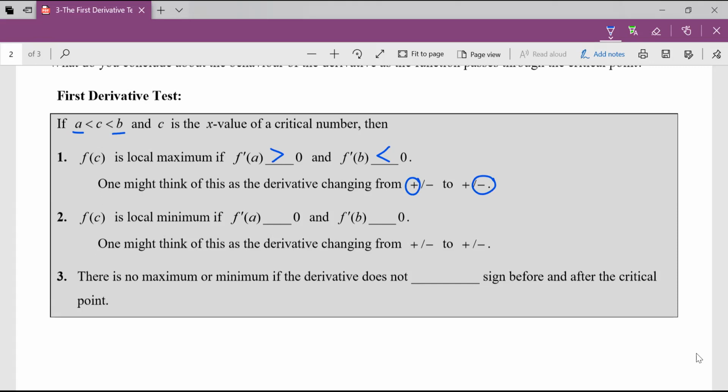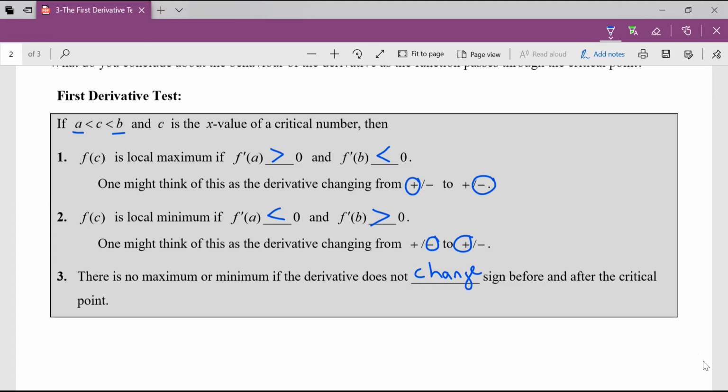Our function at c is a local minimum if we go from decreasing, when our derivatives are less than 0, to increasing, when our derivatives are greater than 0. So you can think of that as going from negative to positive. There is no max or min if the derivative does not change signs before and after a critical point. And that will happen, so just a warning to watch out for.